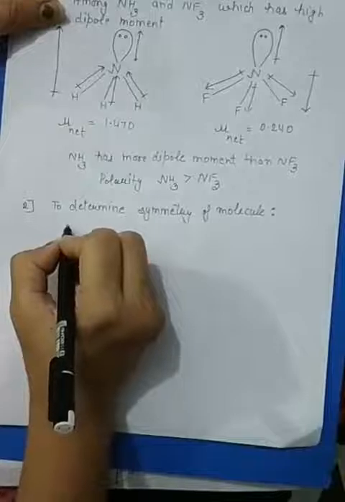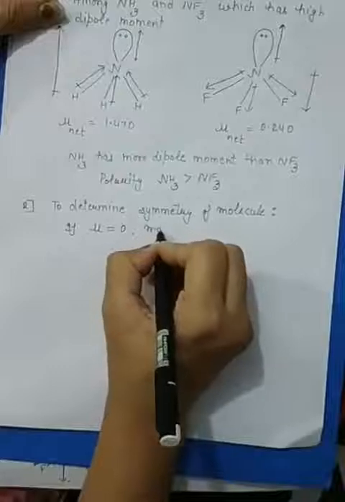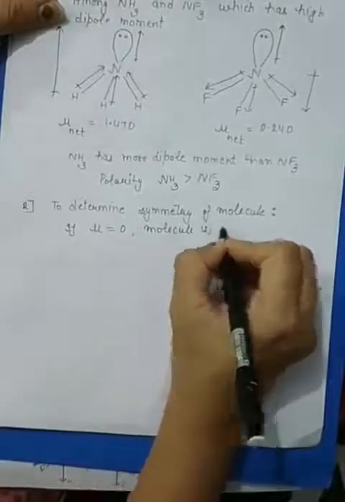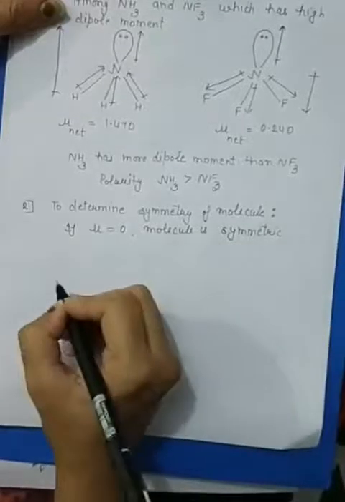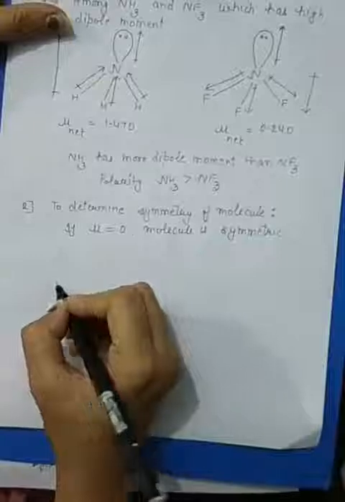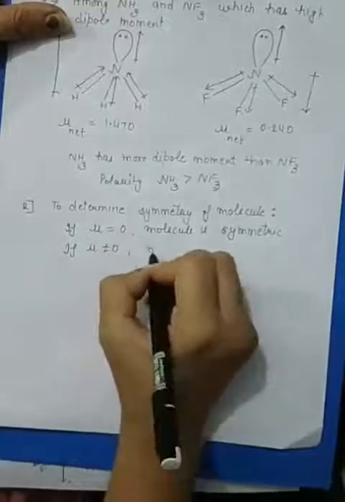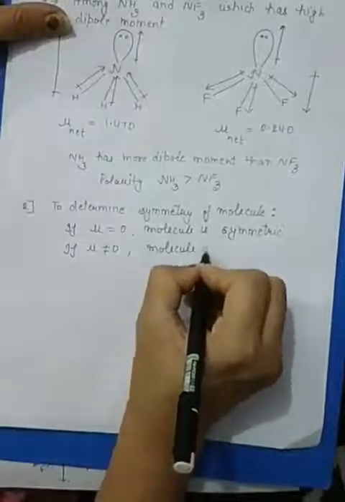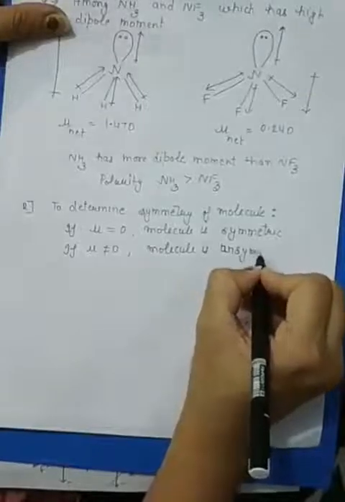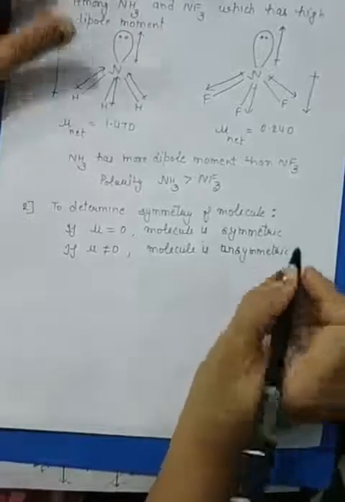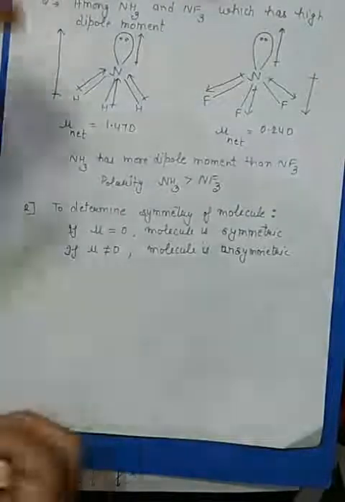That is, if dipole moment is equal to 0, then the molecule is symmetric, isn't it, as we discussed above. Similarly, if it is not equal to 0, then the molecule is unsymmetric. So the symmetry of the molecule depends upon the value of dipole moment.